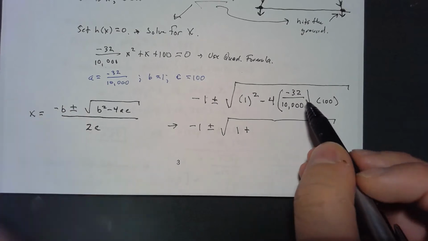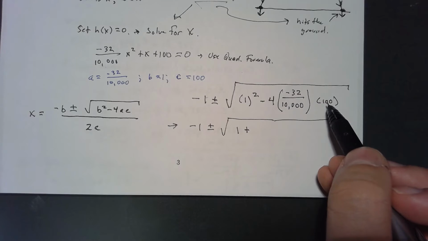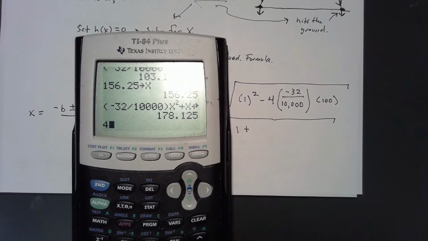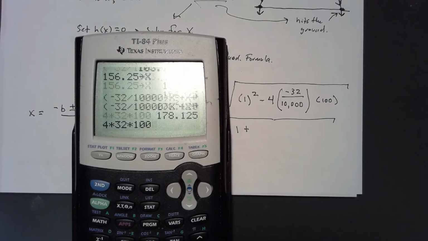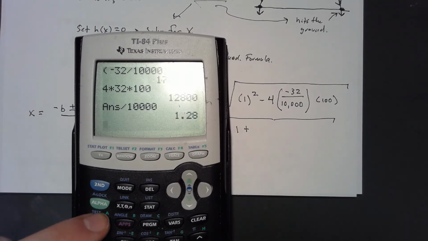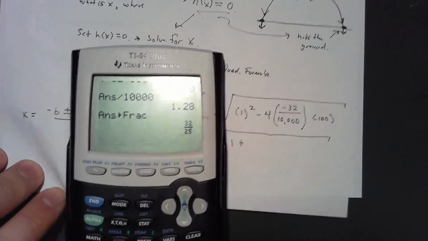Now 4 times 32 times 100 is going to be what? 4 times 32 times 100 is 12,800 divided by 10,000 gives me 1.28, which if I use a fraction there, that's going to be 32 over 25.